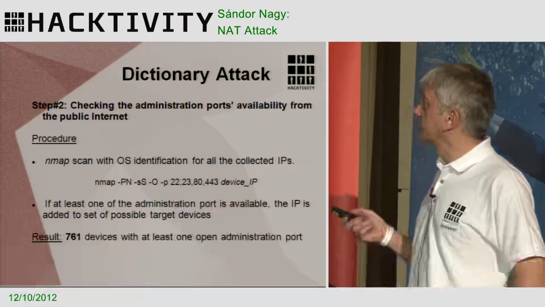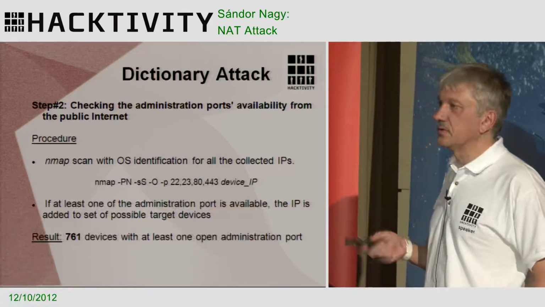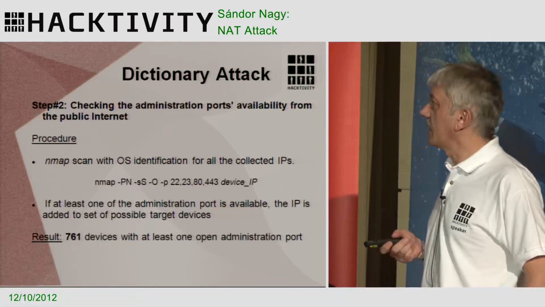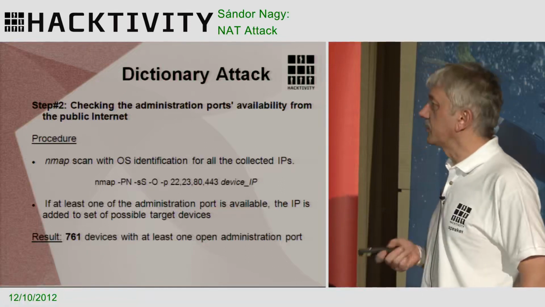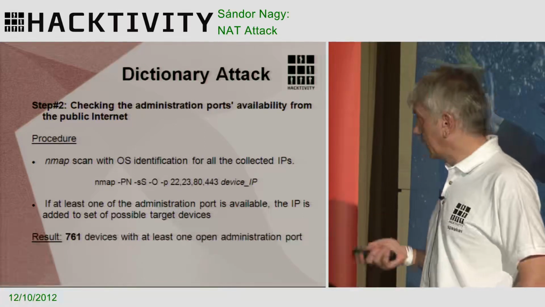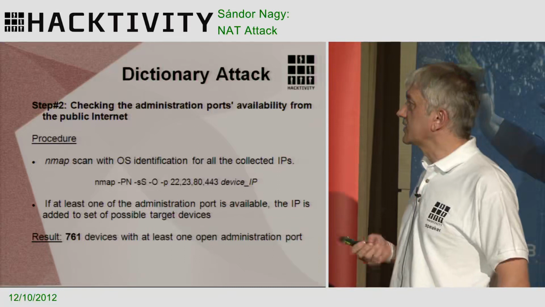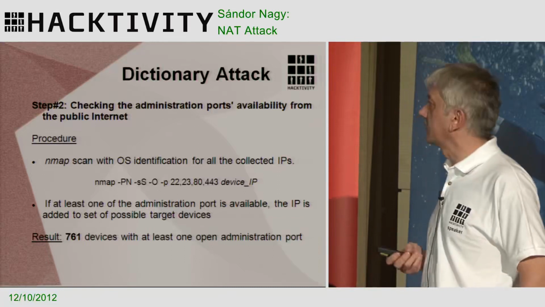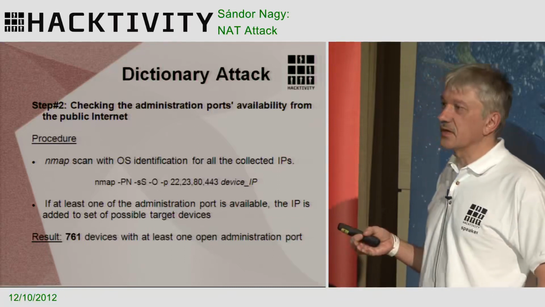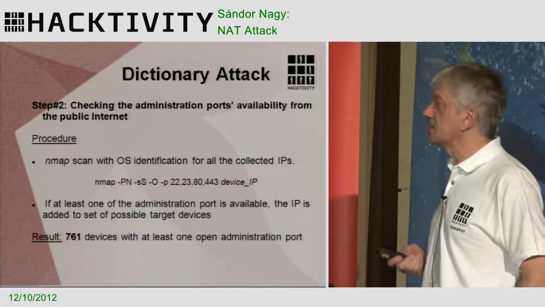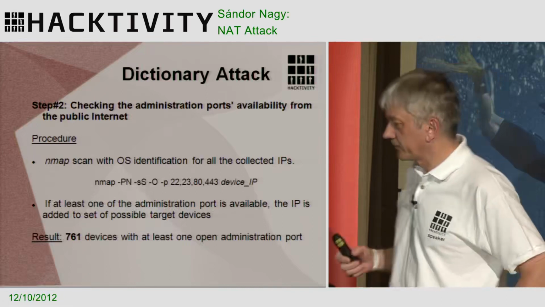This command is applied to all of the IPs collected in the previous step, and more than 600 devices are identified that can be accessed with at least one remote access port.